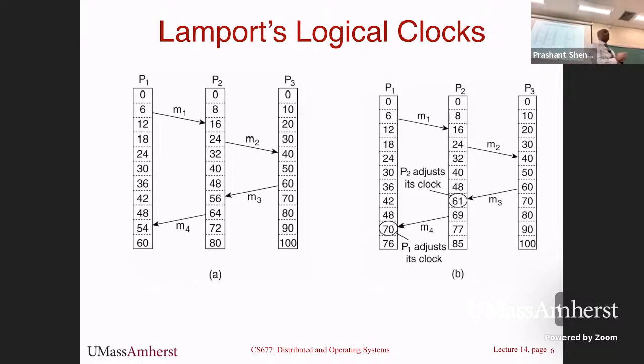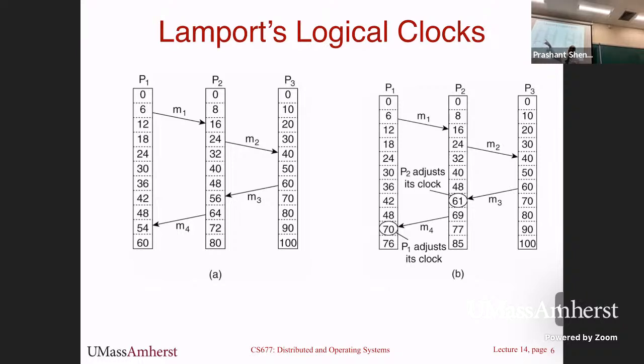Yes, question. An example: machine 2, in between M2 and M3, are those events 32, 40, 48 unordered? The question is, on P2 you have events 32 to 48. Are they unordered with respect to what? In general, just the machine's current state. All the events after the receive for M1, which is 16 onwards, are ordered with respect to P1's send.